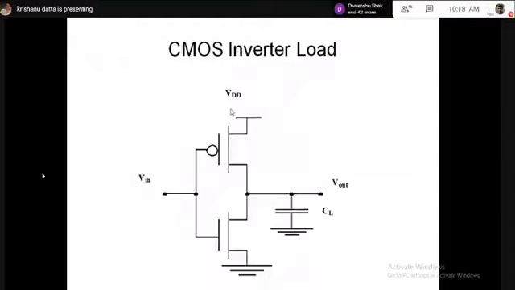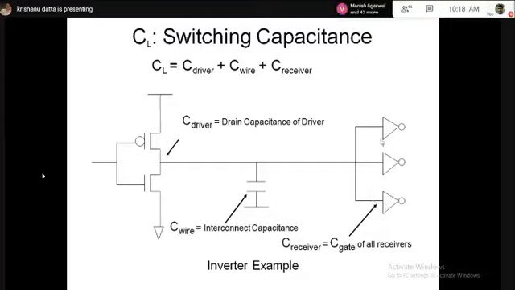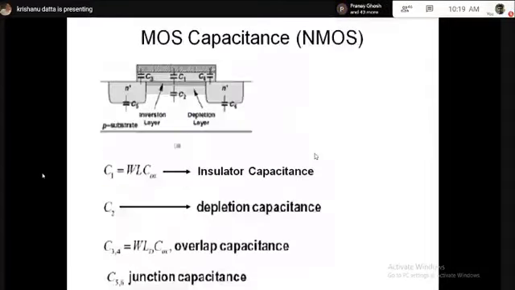Now if you see the receivers, in this example there are 3 receiver connections, and each receiver has one NMOS and one PMOS. So there is a gate capacitance from each receiver NMOS and each receiver PMOS, so in total 3 NMOS gate capacitances and 3 PMOS gate capacitances. Just to recap, this gate capacitance, C1, is always the dominant capacitance as per technology.